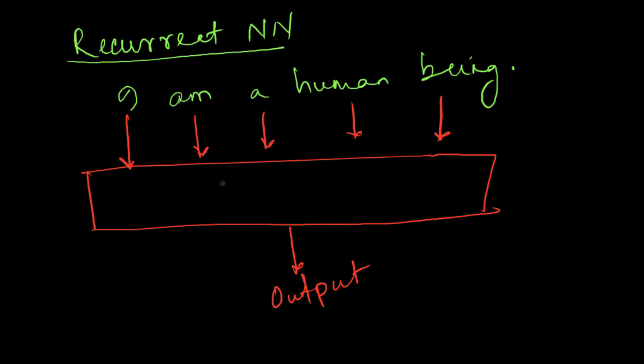Now the important thing about these regular ANNs is that the information flows only in one direction. You start from the input, you go to the hidden layer, you go to the next hidden layer, and so on, and finally you go to the output.